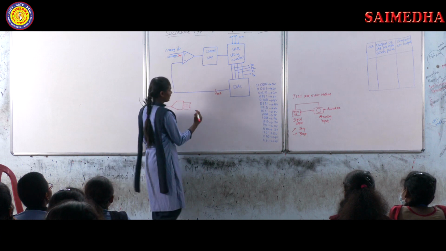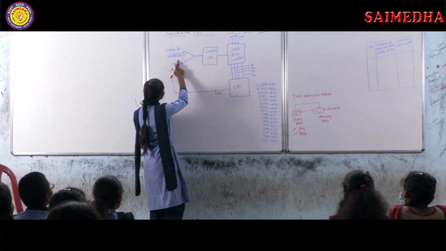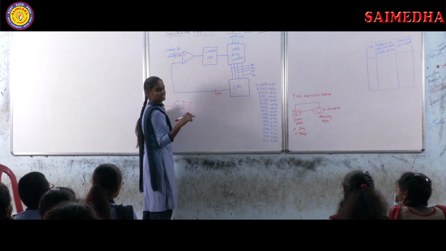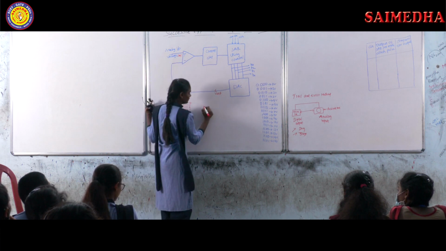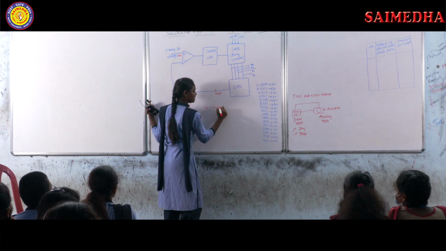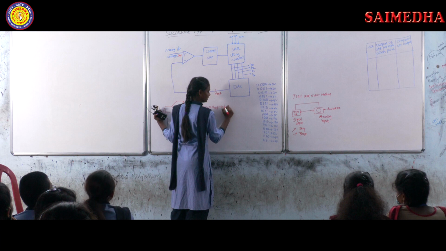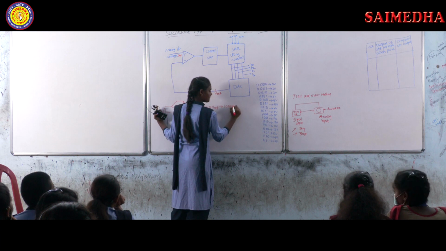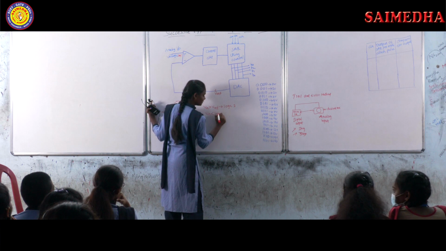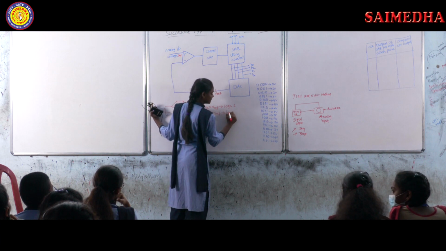Let us consider the analog input voltage as Vin and the output of the DAC as V reference. Whenever Vin is greater than V reference, the comparator output is logic 1. Whenever Vin is less than V reference, the comparator output is logic 0.